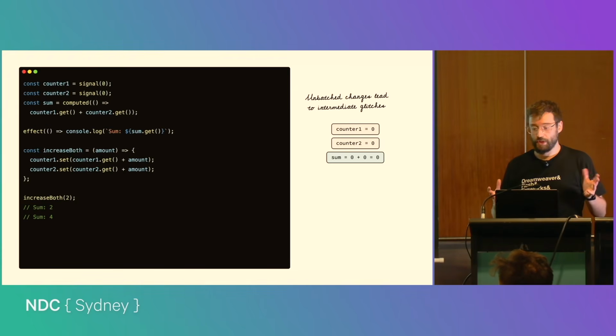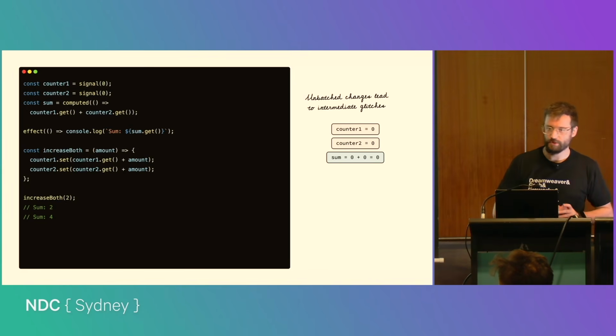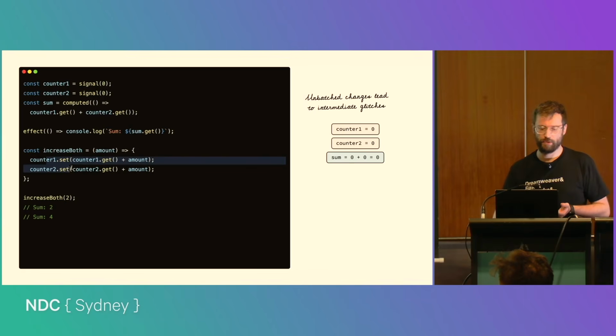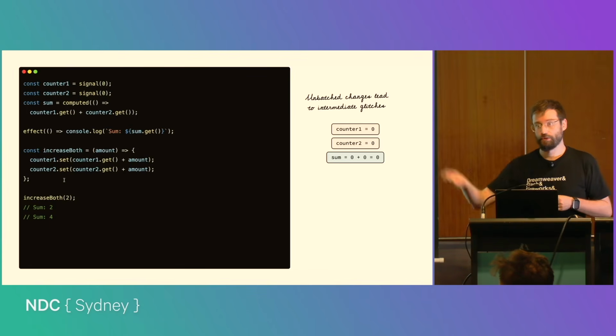Other glitches you can have are especially around batching. If you have multiple signals and you change them, like we increase both counters, by default the implementation that we just did would trigger two effects.